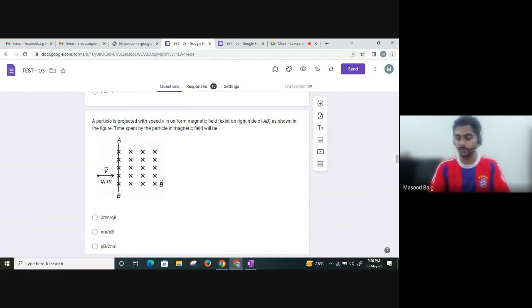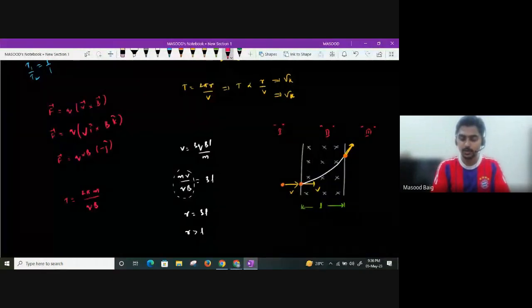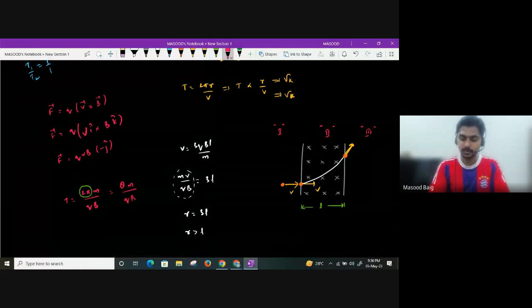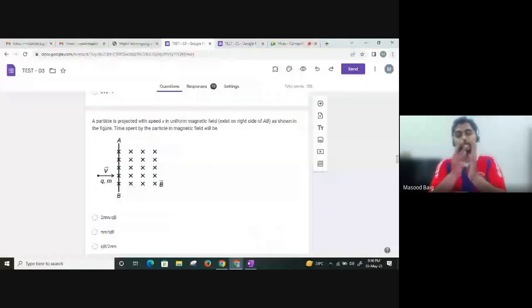Always remember the time period. If it is performing the entire circular motion, a complete circle, then the time period is given as 2πm/qB. If it is performing part of a circle, it is given as θm/qB, and this θ should be taken in radians. As you can see in the given question, the magnetic field is large enough and the charged particle is entering perpendicularly, so it is going to complete a semicircular path.